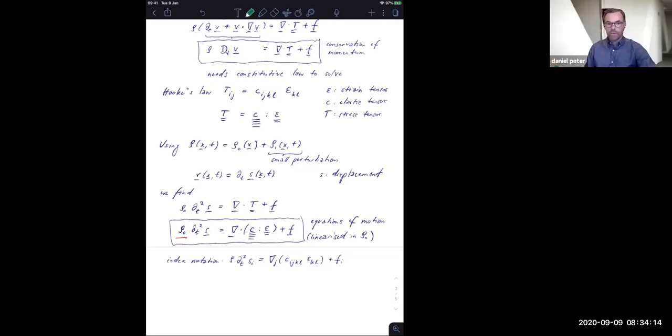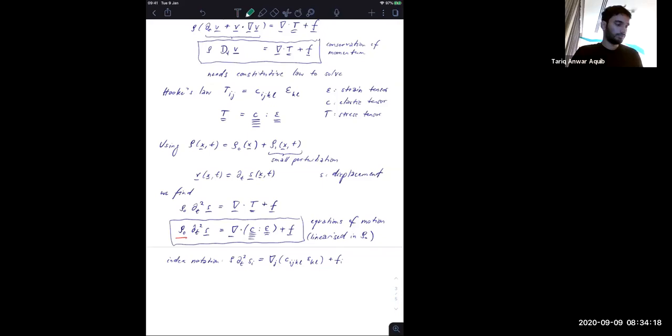So why can we solve the equations of motion now?